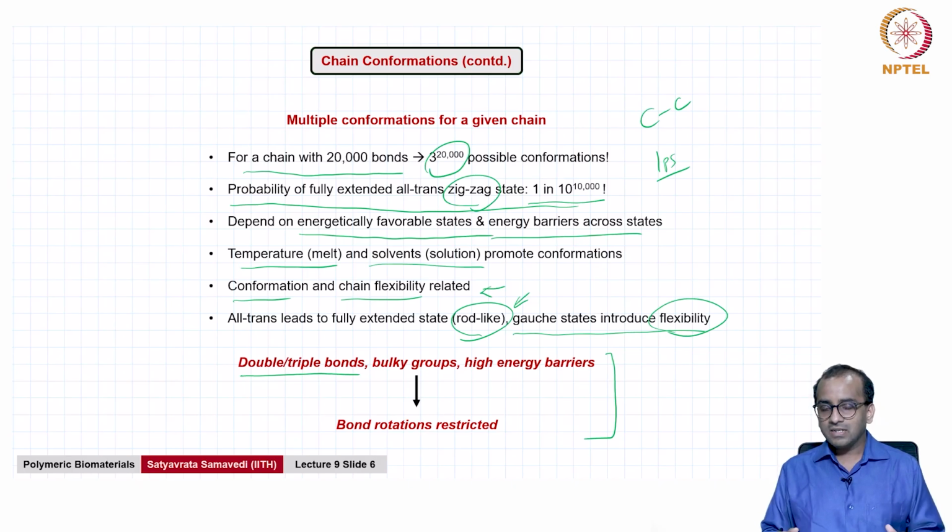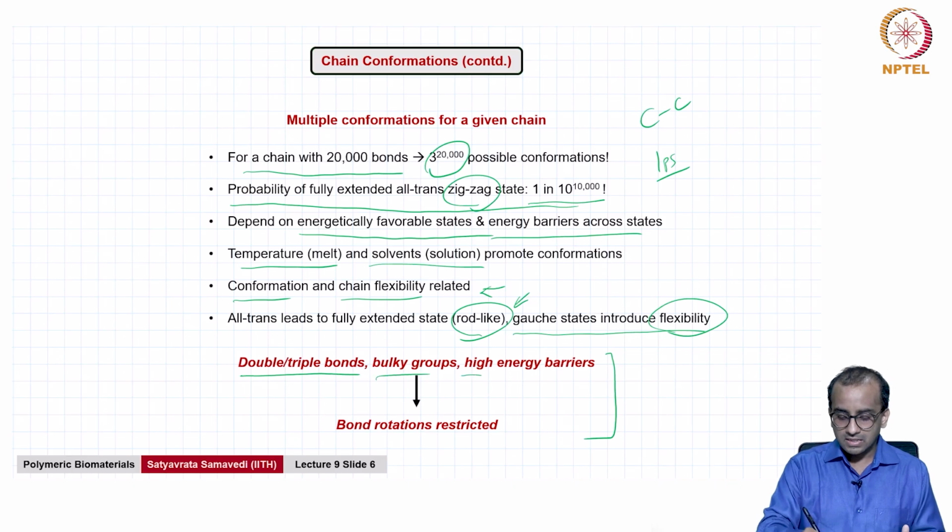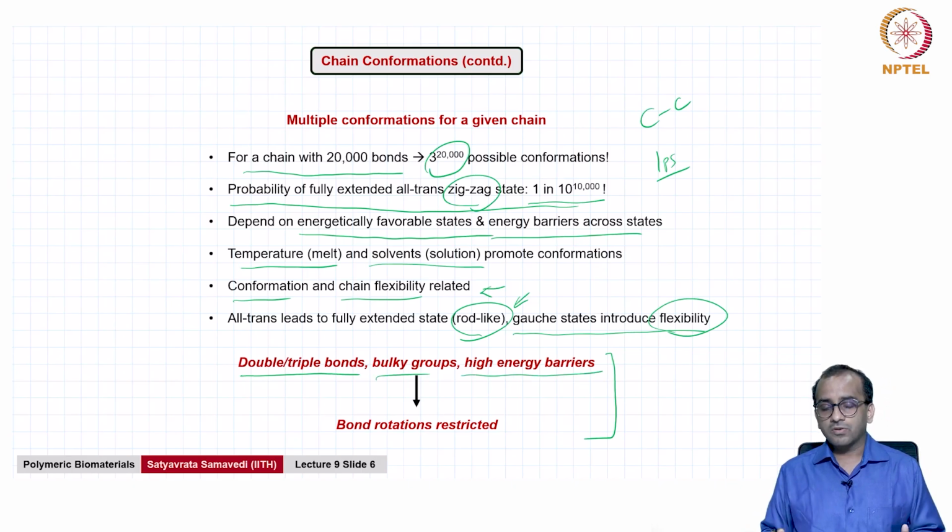You can immediately see that these things will restrict the bond rotation and will change the way the polymer conformations can happen. While we are focused here primarily so far on the C-C bond, it is important to keep in mind that when you have double bonds or when you have bulky groups in the backbone or on the side, those things can restrict chain rotation.